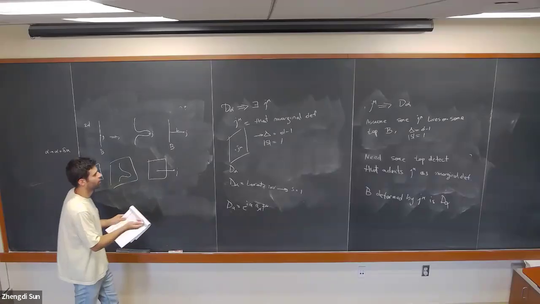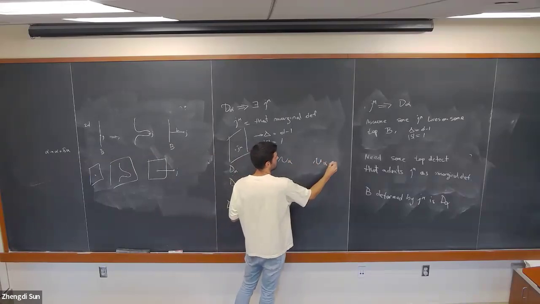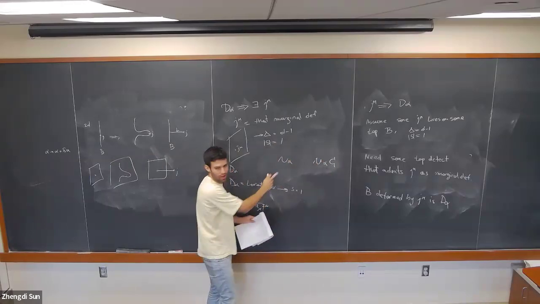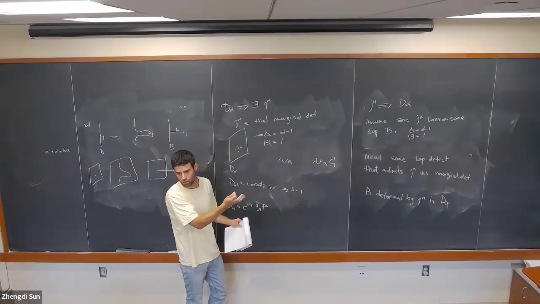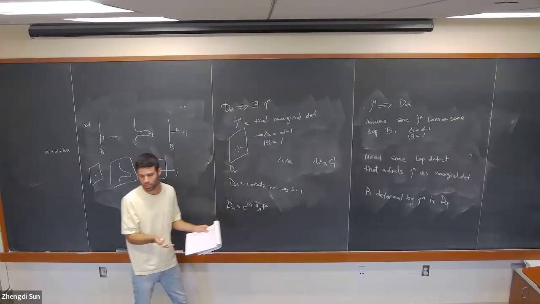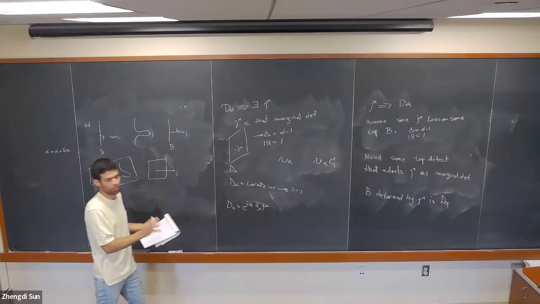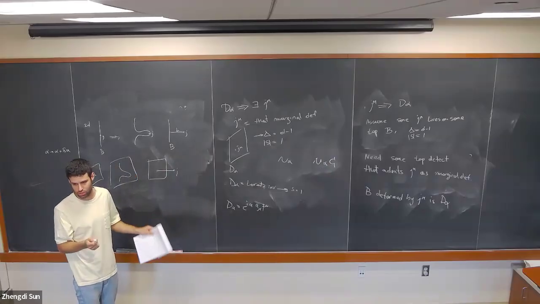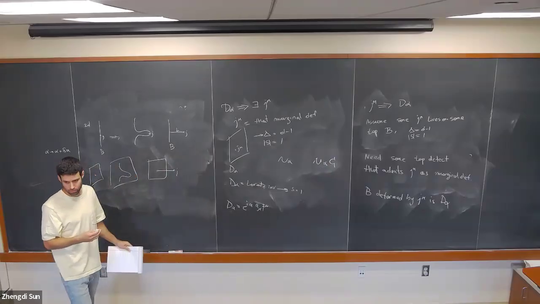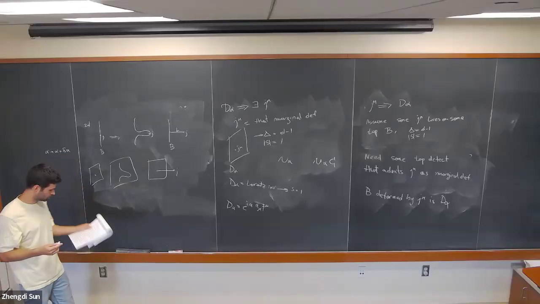If you have U alpha and you have U alpha times C, where C is something discrete, these two have the same current. But when you exponentiate it, you're going to get this one, not this one. So even in the invertible case, nothing is unique. You have choices that you make everywhere.